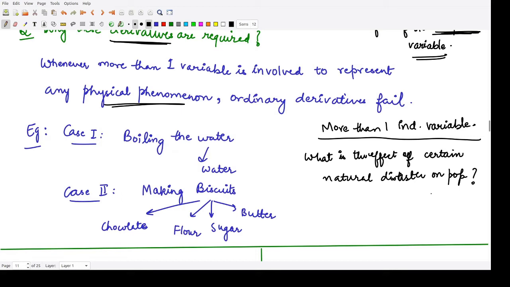So here we will see what are the corresponding factors involved, and whether this disaster is being effected due to natural activities or man-made activities, or is it due to government plans or whatever it is. So we will see what is the effect of this natural disaster due to the presence of one or more of the independent variables. We can also see the effect with respect to one variable, or together with respect to one and two variables, and so on. So that is what we are going to do in this partial derivatives.